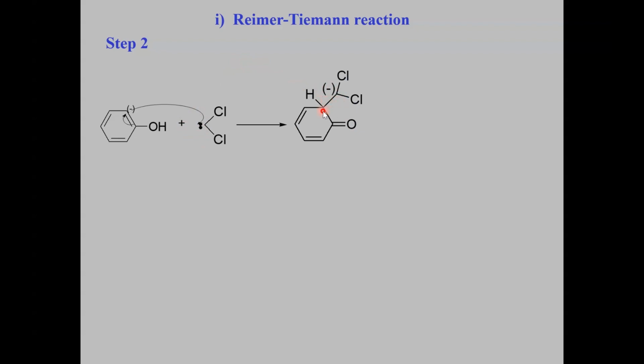I get CHCl2 attached to the carbon at the ortho position. As the electrons are gained by the carbene, it becomes a carbanion. The carbanion which is formed combines with H plus and it gives rise to the corresponding CHCl2 group over here.